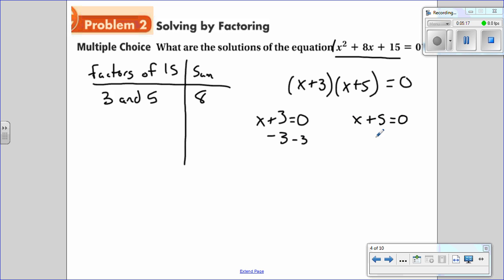So subtract 3 on both sides, subtract 5 on both sides. Here we get x equals -3. Here we get x equals -5. And so our solutions are -3 and -5. So just a little bit of an extra step that comes in on this one.